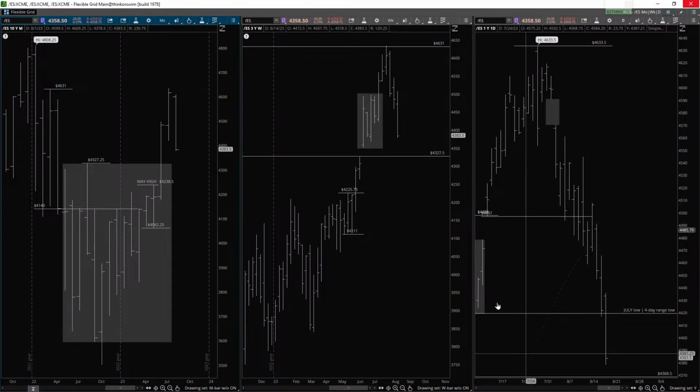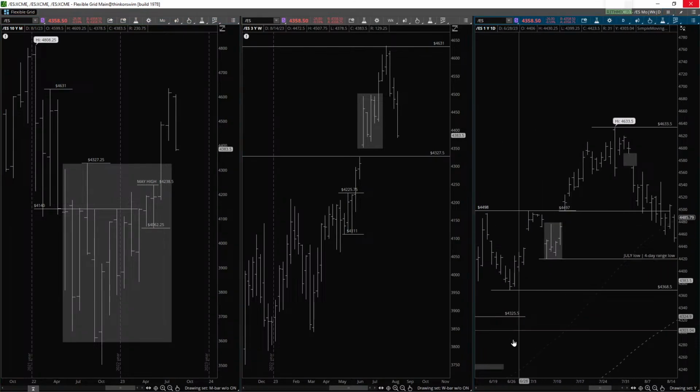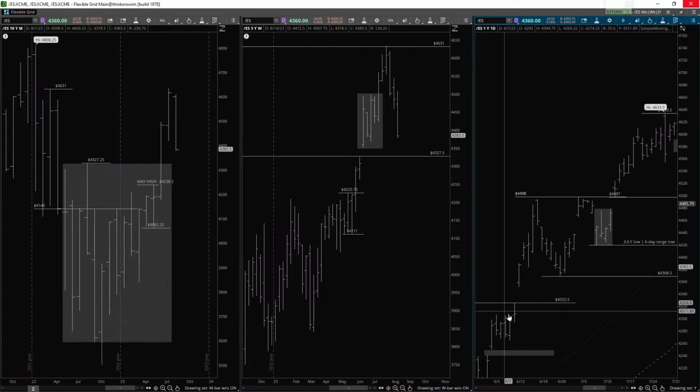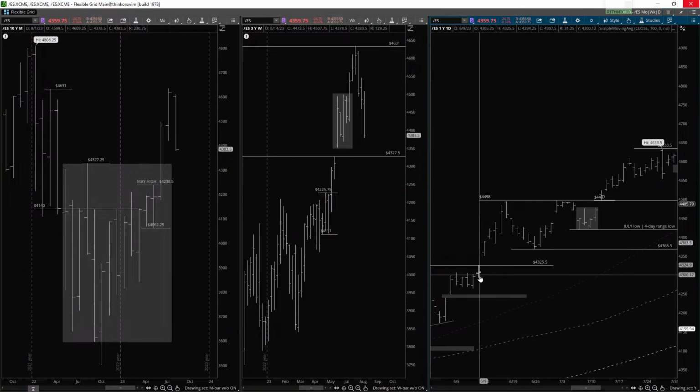Oh, come on. This is the weekly. My bad, sorry. Here we are. This is the 9th, and this is a Friday. We have a gap here. I don't consider this a gap, because the new contract started to pick up volume here, right?